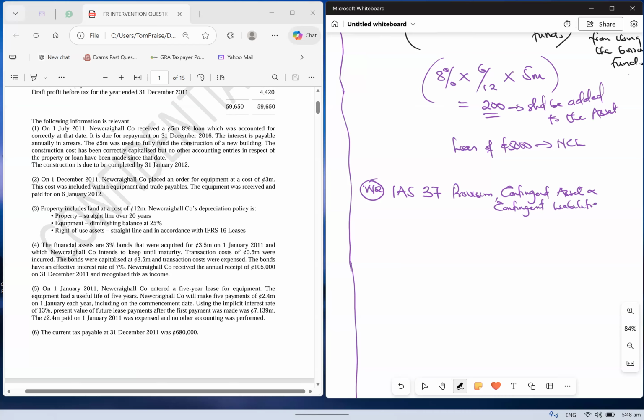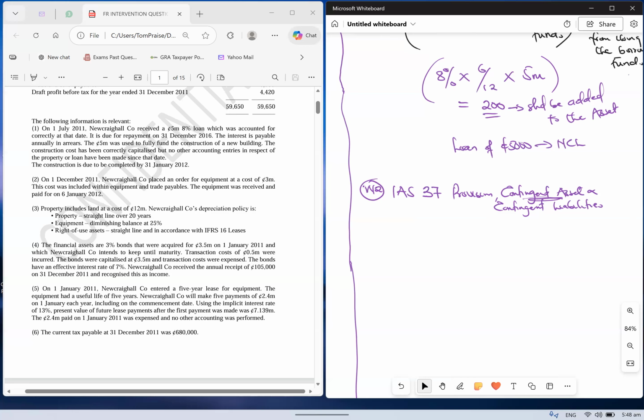That's what the standard is about. What does it say? It says that you cannot record a contingent asset. You cannot say you will have an asset and so therefore you have an asset. If I promise you, Hetty, that I'm going to give you 10 million, you can't say you have 10 million.